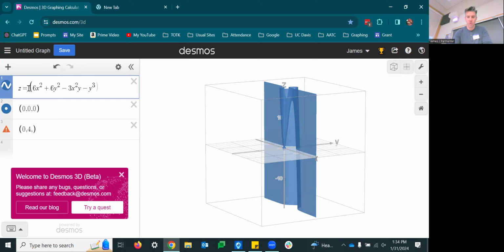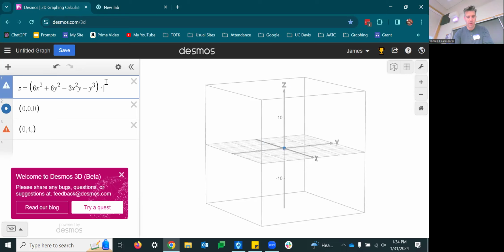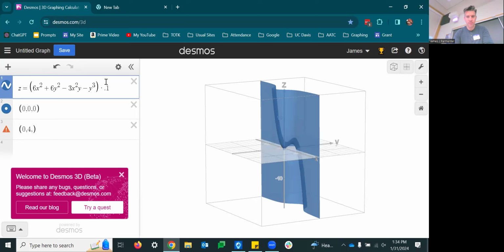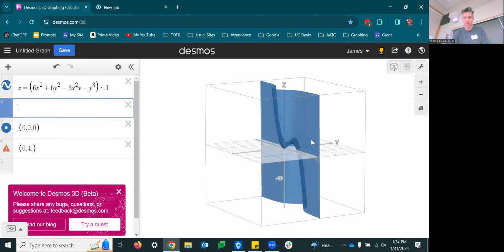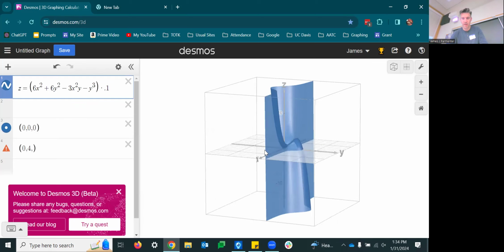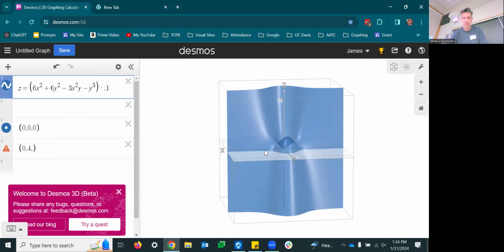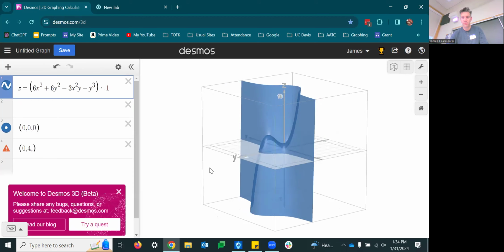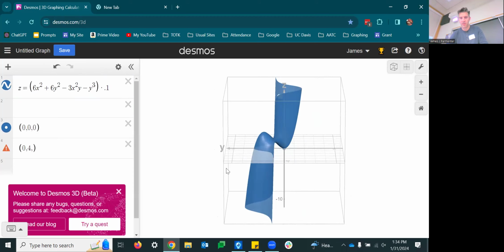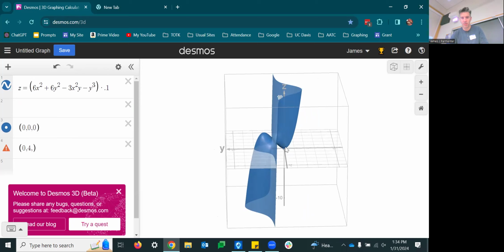I'm going to multiply the whole thing by like 1/10 so that I can make it not as high. Does that work? Yeah, that's a little bit better. Okay. So you can see your minimum there. You can see your maximum there.